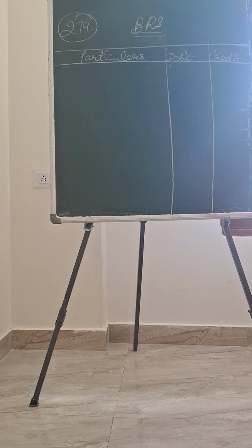In bank reconciliation, we need to know two things: the debit balance and the credit balance. First we will have the balance as per cash book, and at last the balance as per passbook. One important thing: when withdrawal is more than deposits, it is equal to overdraft. If there is debit balance, then there is overdraft.